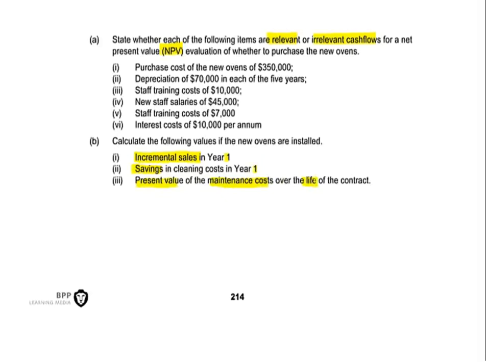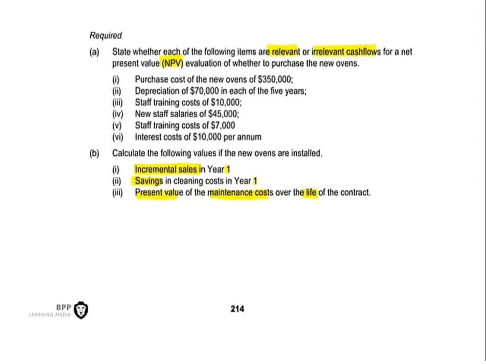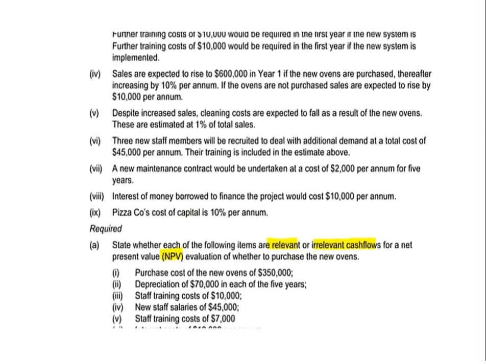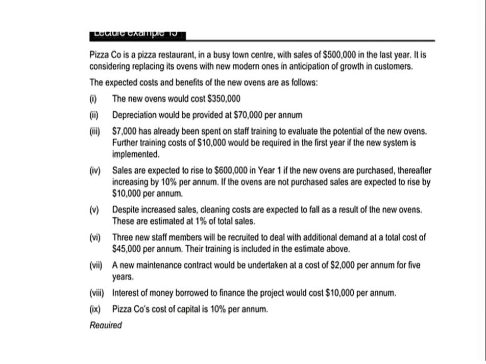So with an NPV question, it's important to look at the timings as well as what it is we're actually being asked to do. So having read through the requirements, we can now have a look at all of the scenario information for Pizza Co, this pizza restaurant.